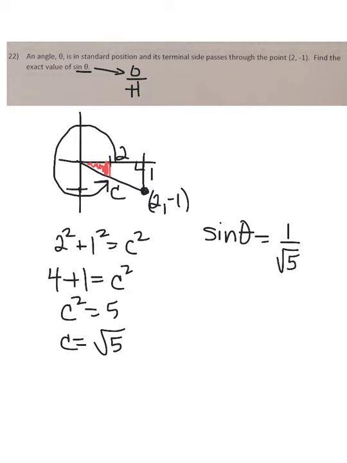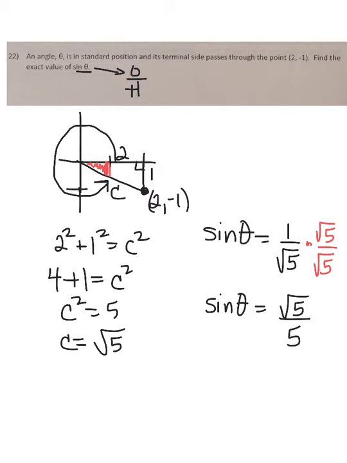But I cannot have a radical in the denominator, remember that. So I'm going to rationalize that by multiplying the numerator and the denominator by whatever it is that you want to get rid of, which in this case is the radical 5. So that is going to give me sine theta equals radical 5 over 5.